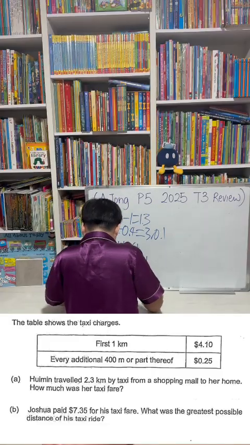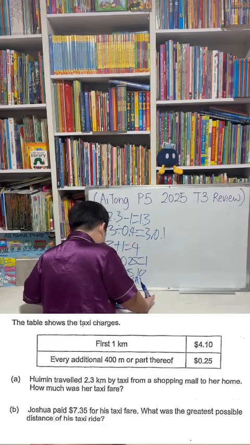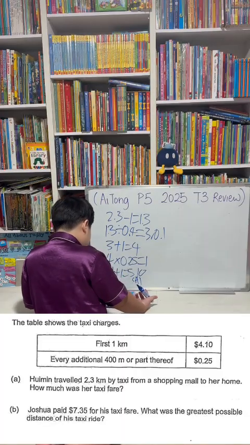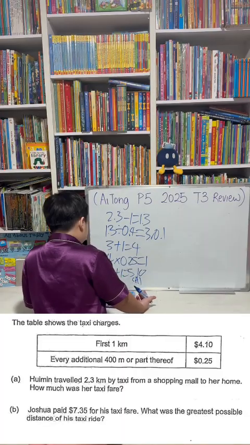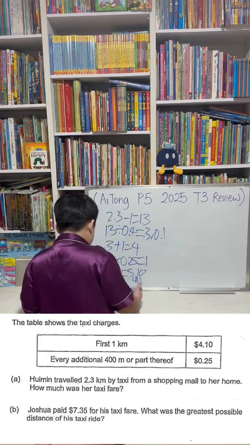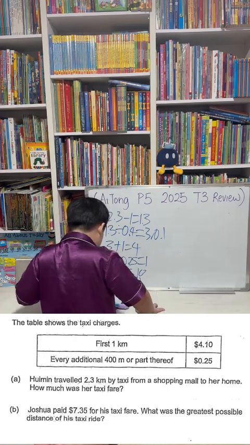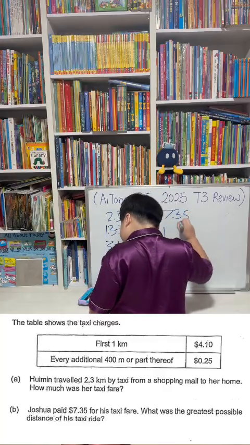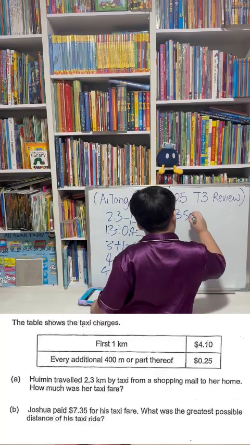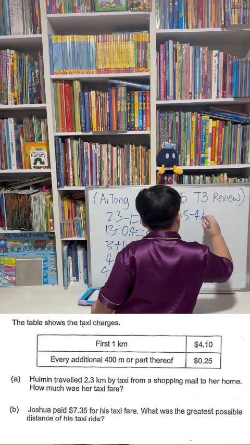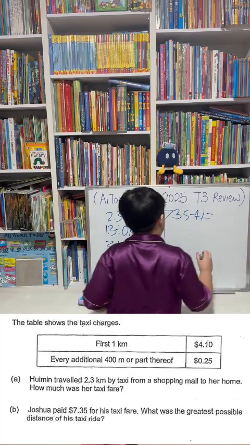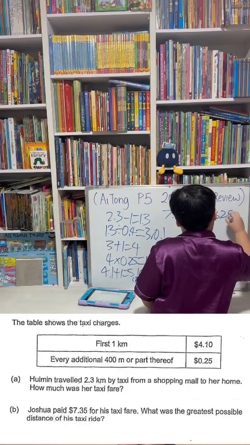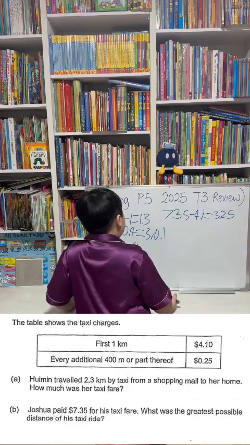Next, Joshua paid $7.35 for his taxi fare. What was the greatest possible distance of his taxi ride? We first take out the first 1 kilometer by doing $7.35 minus 4.1 equals 3.25.